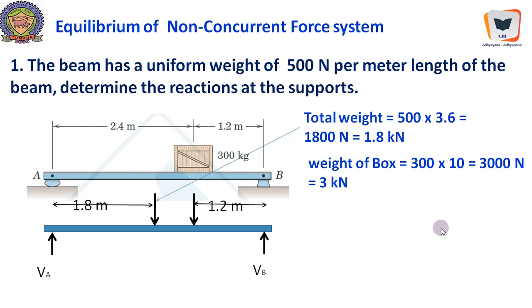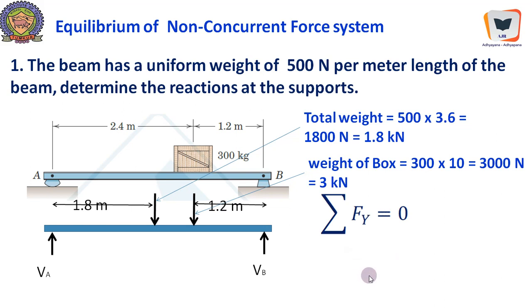Now the beam is reduced to two concentrated loads acting at different places, one at 1.2 meters, the other one exactly at the center of the beam. Now we need to find out vertical reaction at A and vertical reaction at B. Here horizontal reaction never surfaces even at the hinge because there are no horizontal forces applied over the beam.